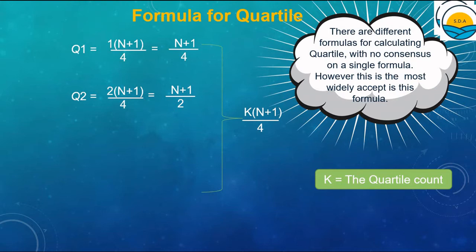So 2 upon 4 will become 1 upon 2. And if you remember, n plus 1 upon 2 is the same formula which was used to calculate median of a data, because Q2 is actually the median.